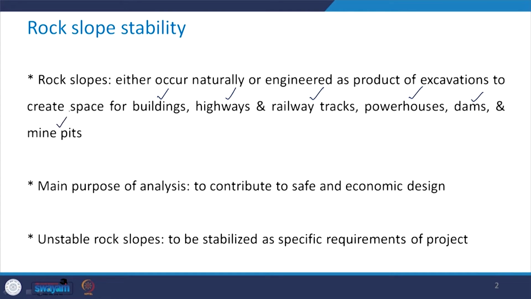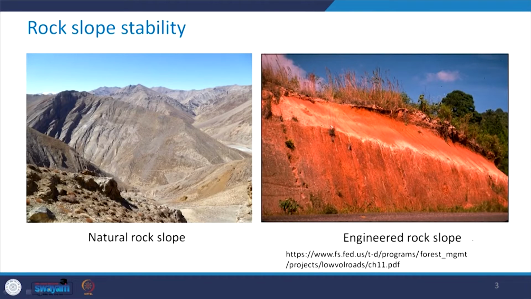The main purpose of rock slope stability analysis is to contribute to safe and economical design. Unstable rock slopes need to be stabilized as a specific requirement of the projects. Here you can see two pictures. The first one shows a natural rock slope, taken somewhere on the way from Manali to Leh.